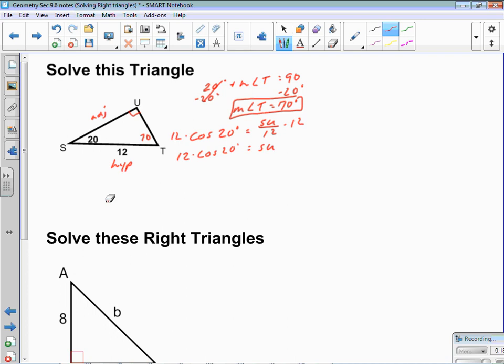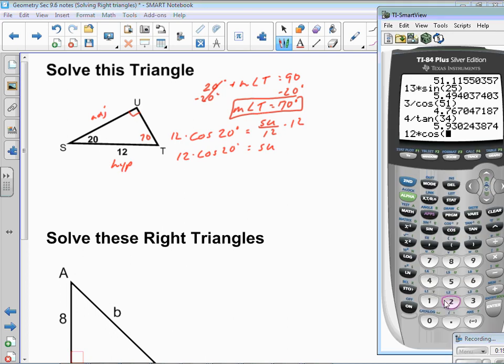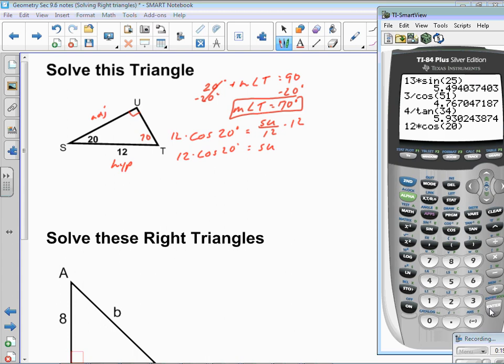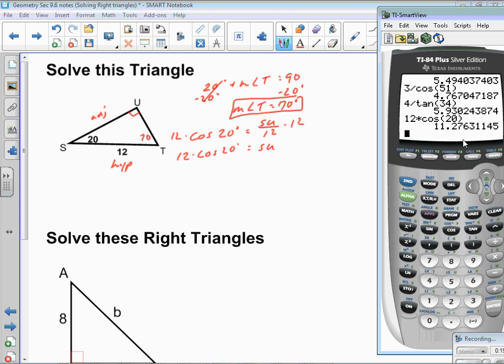So 12 times the cosine of 20. So go to our calculator. 12 times cosine of 20. That's 11.28.